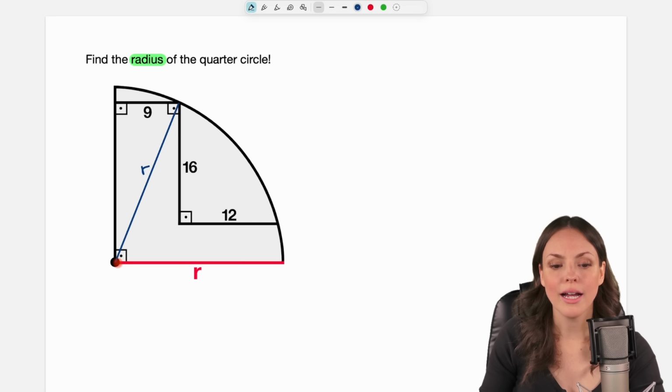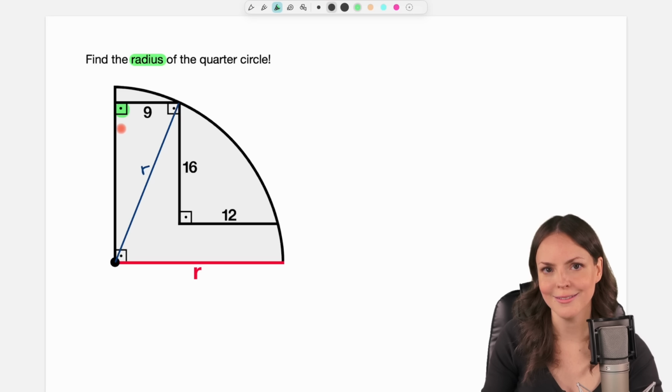So now I created a triangle here, and it is actually a right triangle, which is great. I know the length of this side. This side is of length r, and what about the length of this side here?